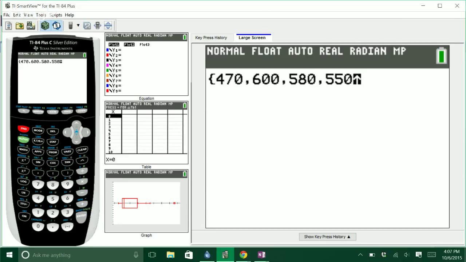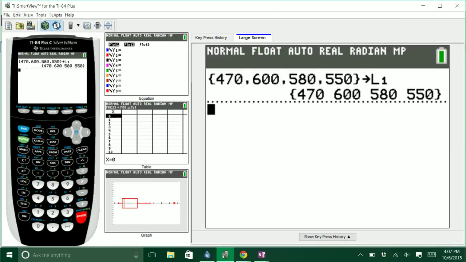This is something that from the home screen, you should be able to just do. Push the Store button, which is just north of On, and store that into, let's put it into L1. For a short list, it's a lot easier to do that.